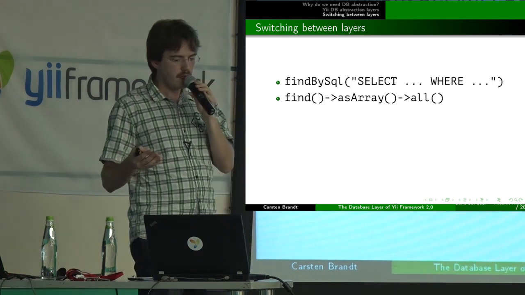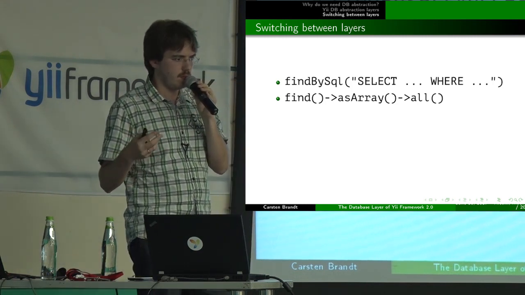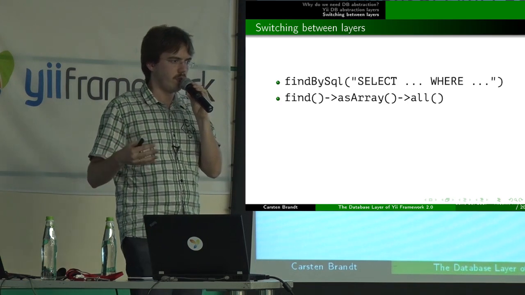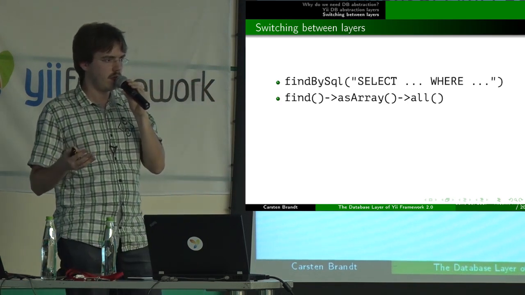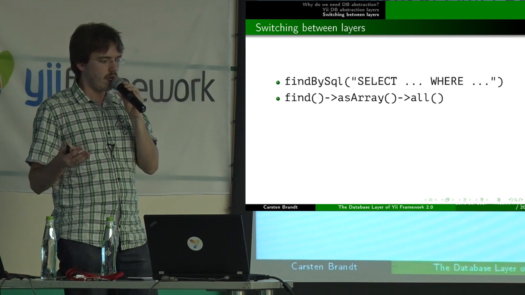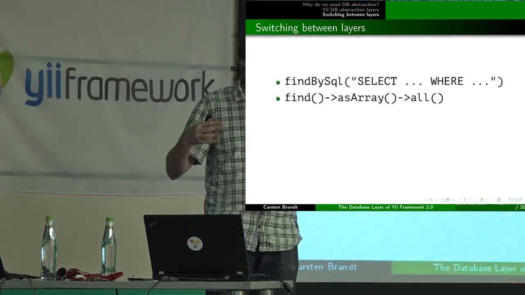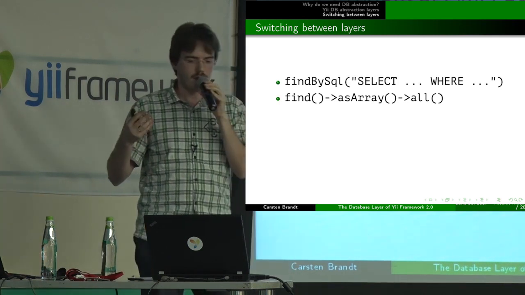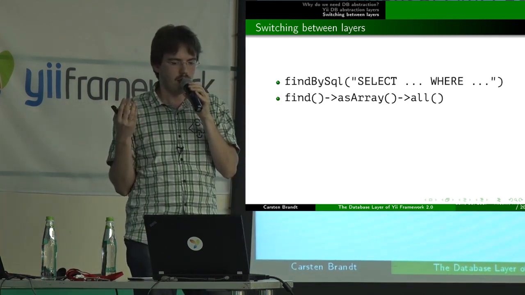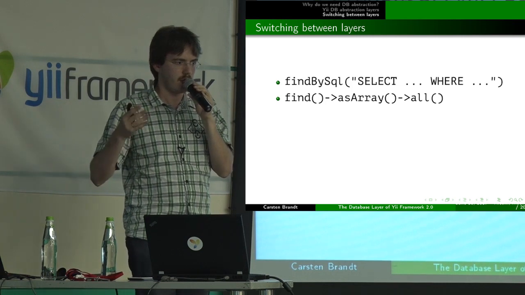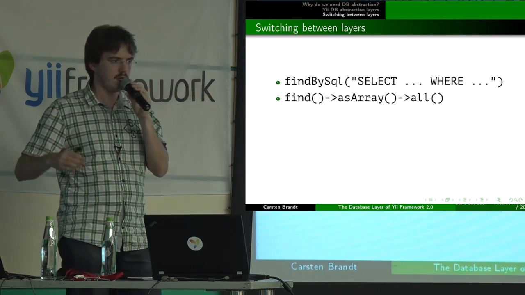And active record will convert these types, so in PHP you will end up with an integer or a Boolean for these columns when you have an active record. But if you do as array, you lose this information, you do not have the connection to the record, and this will result in the result being only strings. So this is something you need to be aware of if you're switching between these layers.